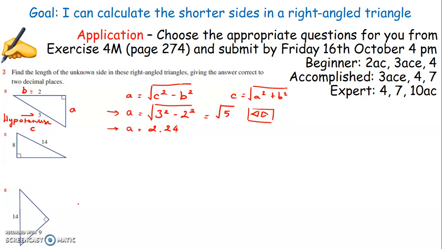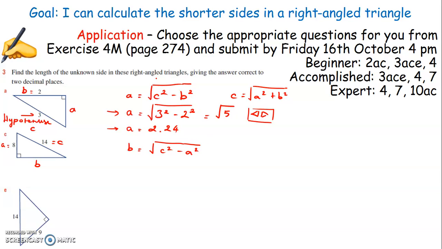Now, for the second one here, again, we've got the hypotenuse, so this is our C, which is 14. This time, I am going to call the unknown side B, okay? It really doesn't matter whether we call this A or B, but I'm just going to call it B just to show you that you can still do the same thing. And that makes the 8 A. So our formula for this one to find B is equal to the square root of C squared minus A squared.